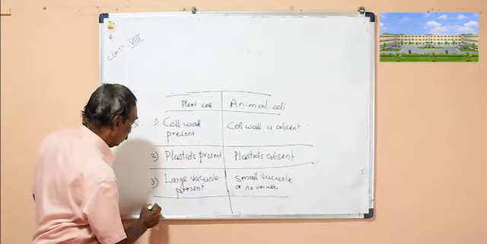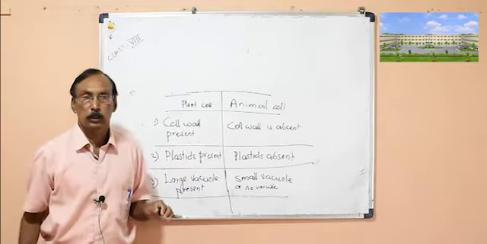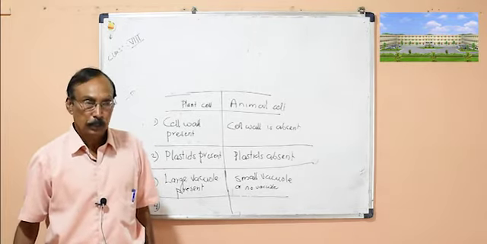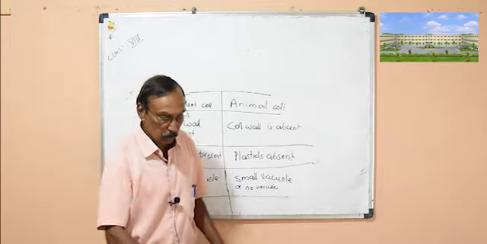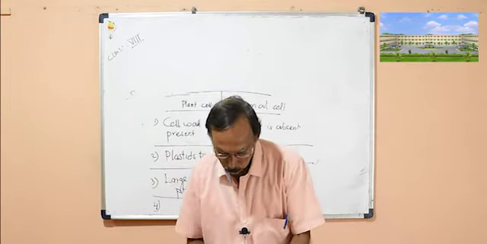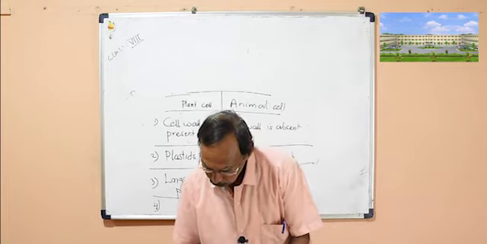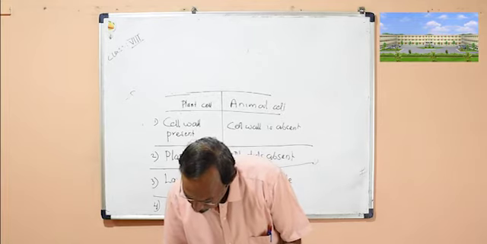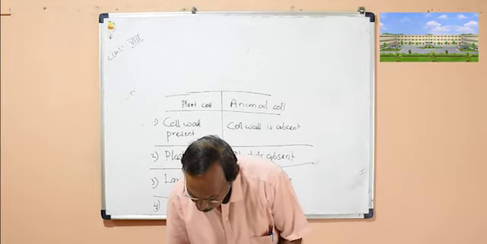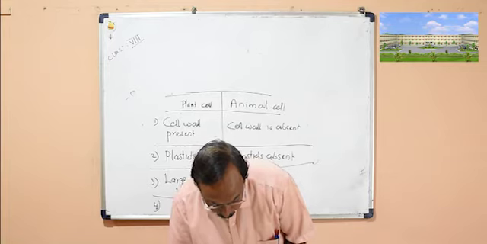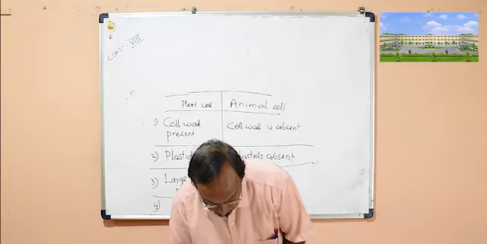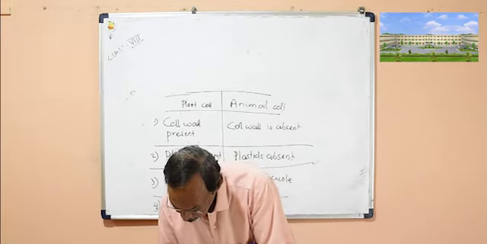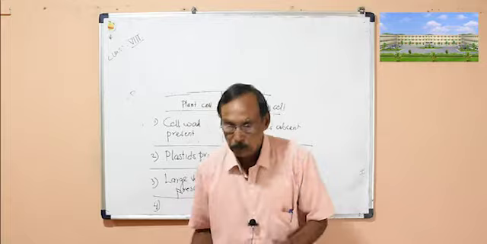One more difference which is not explained in your textbook. In animal cell there is a structure called centriole, which helps the division of the cell into two. If you examine that diagram, it is already labeled in the textbook. That is a centriole. It is present in animal cell, absent in plant cell.